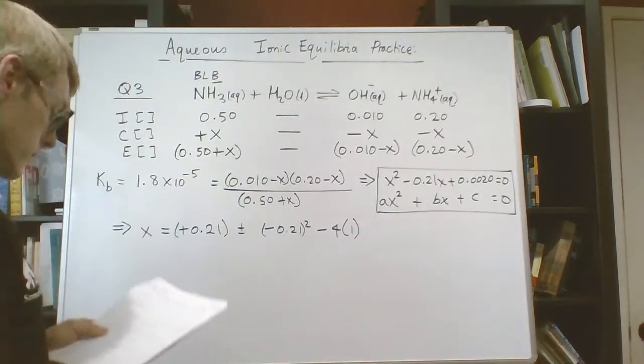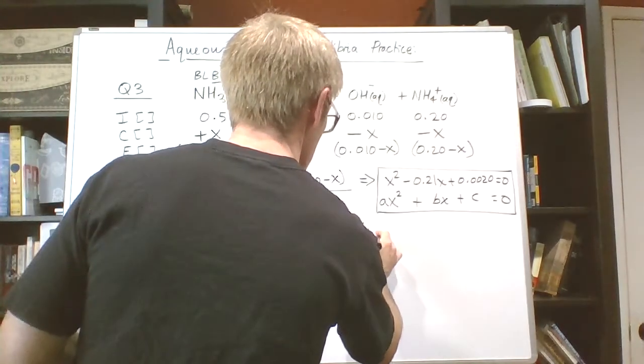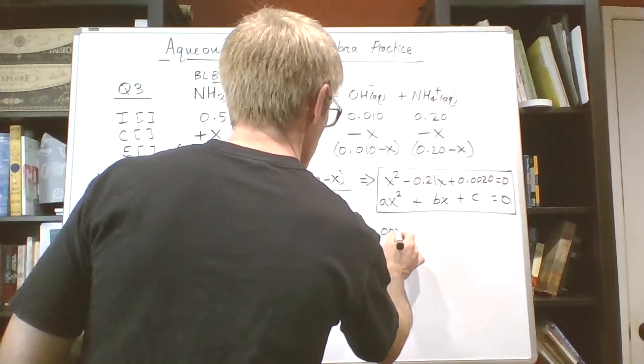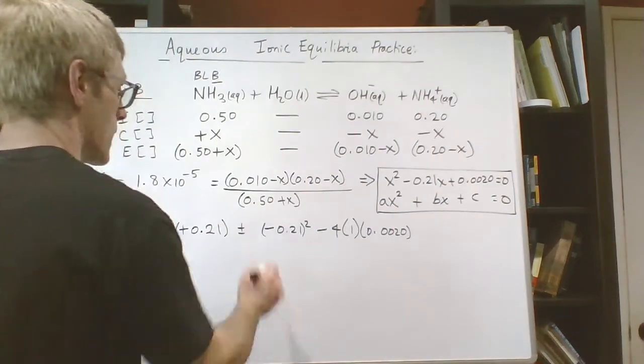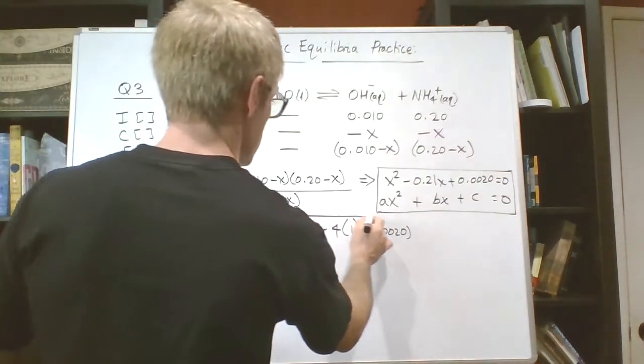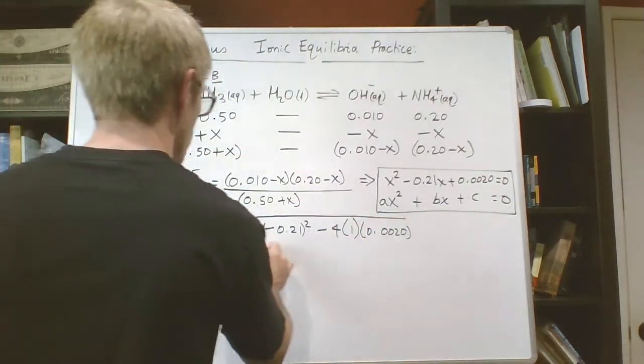Well, a is 1, and c is 0.0020. I have to square root this expression here, and then divide the whole thing by twice a.